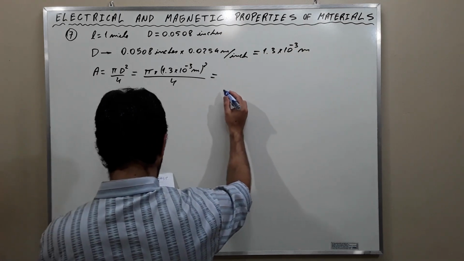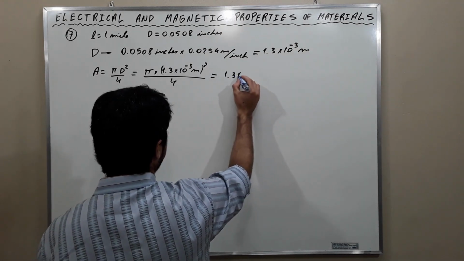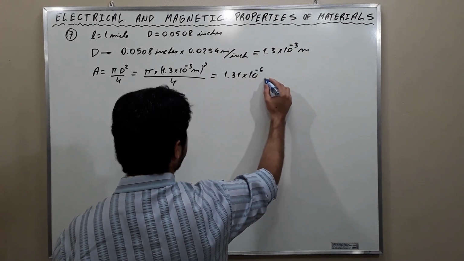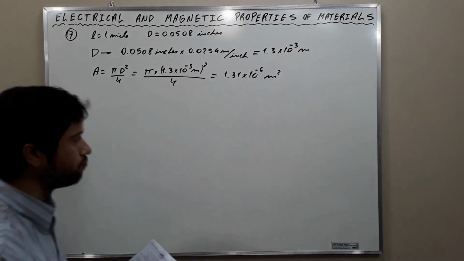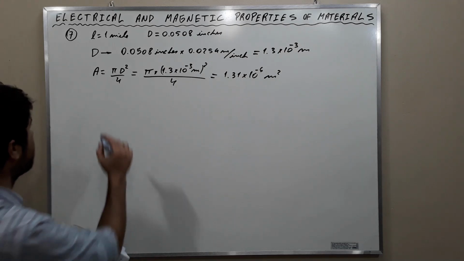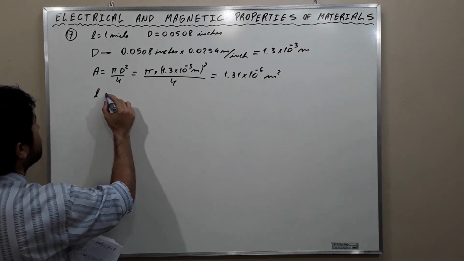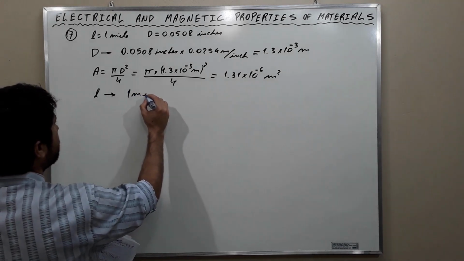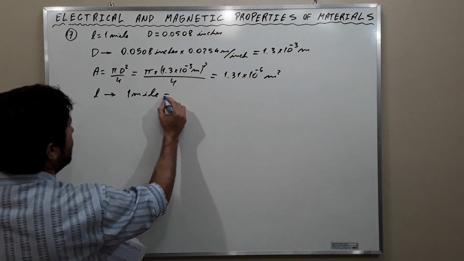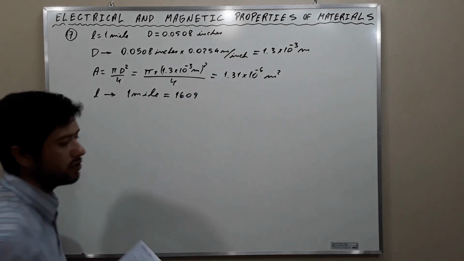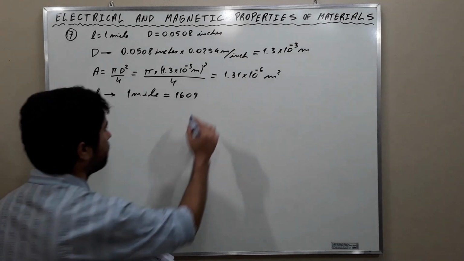And this is 1.31 times 10 to the negative 6 square meters. And passing the length from mile to meters, 1 mile is equal to 1,609 meters.